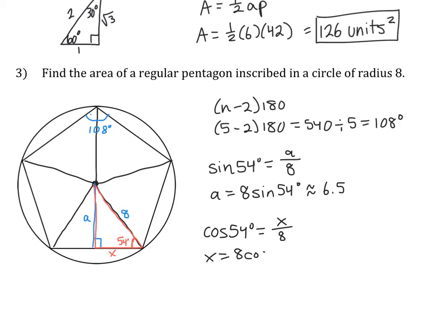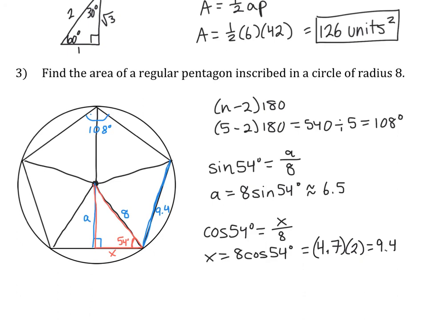So if we multiply both sides by 8, we get this expression, which you can plug into your calculator to get a decimal approximation of about 4.7. So again, that's half the side. So if you take that and double it, you're going to get the total side length. So I'm going to take this and I'm going to double it to get 9.4. So 9.4 is the length of one side.